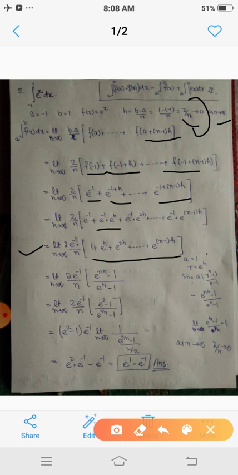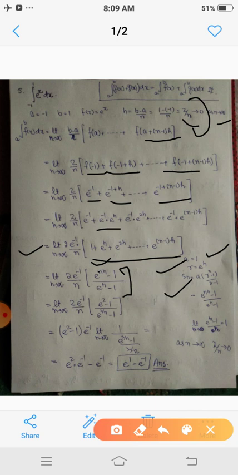So here first term is a, r is the common ratio, which is e^h, so Sn is a into (r^n minus 1) upon (r minus 1), which is simply (e^(nh) minus 1) upon (e^h minus 1). So this sum becomes (e^(nh) minus 1) upon (e^h minus 1). But h is 2 by n. So substitute here nh is equal to 2, n will cancel. So we get e square minus 1.